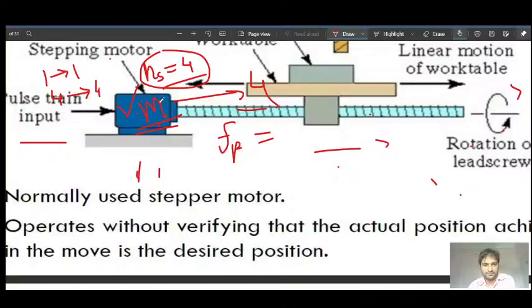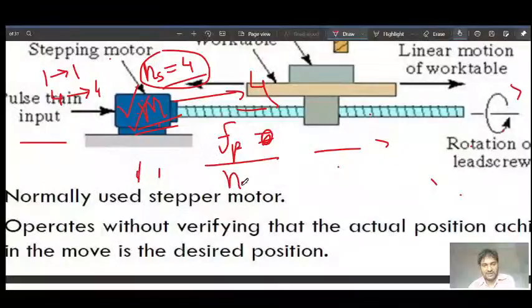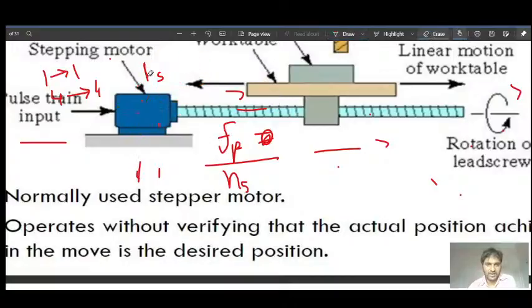Okay, so if Np pulses have been supplied, how many turns will the motor rotate? The motor will rotate Np by Ns. Let me clear this one more time.